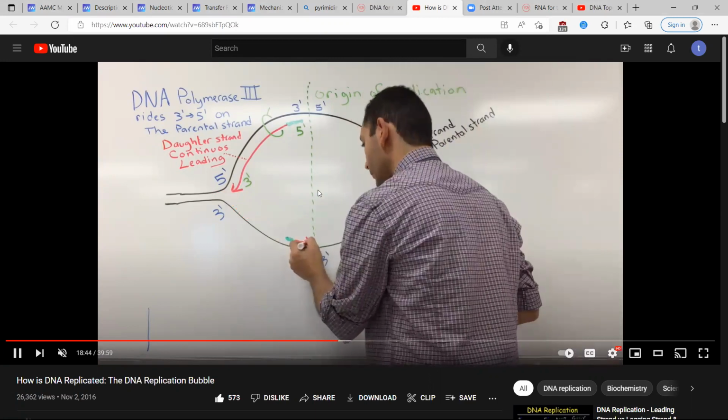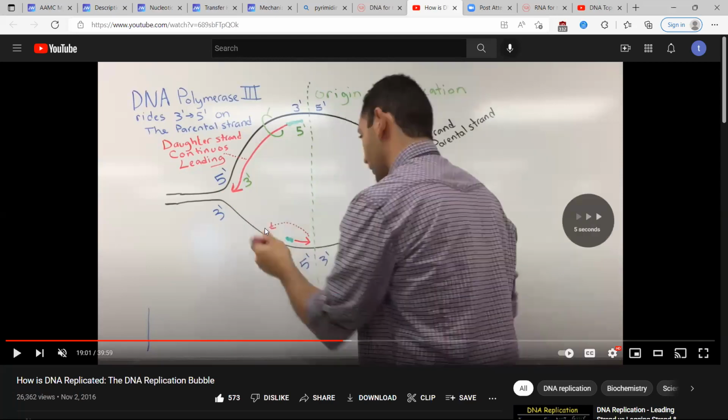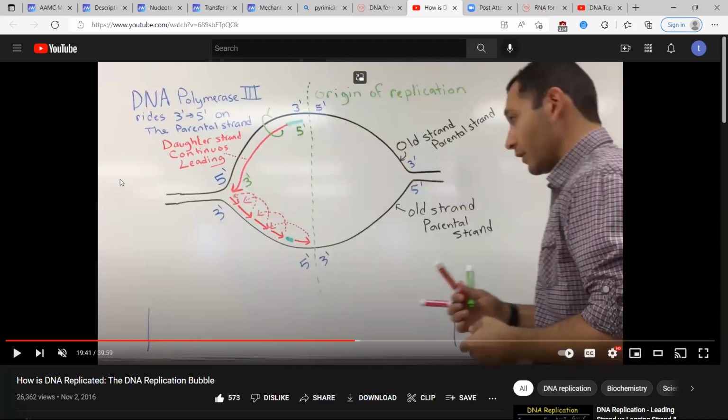So here we have a small strand, and then we'll go further back. We're still in this origin of replication bubble, and we'll make a small strand, and then go back and make a small strand, and go back and make a small strand, like that. So it won't be to another origin of replication bubble. The origin of replication bubbles will just meet up eventually.